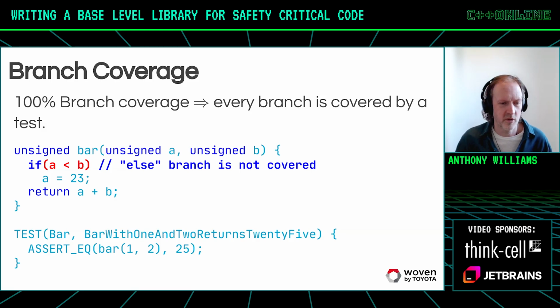With our one test here, we call bar with 1 and 2, and our else branch is not covered. So even though you haven't explicitly written it, it's still going to be a branch in the code. And so you need to consider what happens there, because the behavior is going to be different. You put the if there because the behavior will be different depending on whether the condition is true or false. So you need to actually test it in circumstances under which that condition is both true and false.